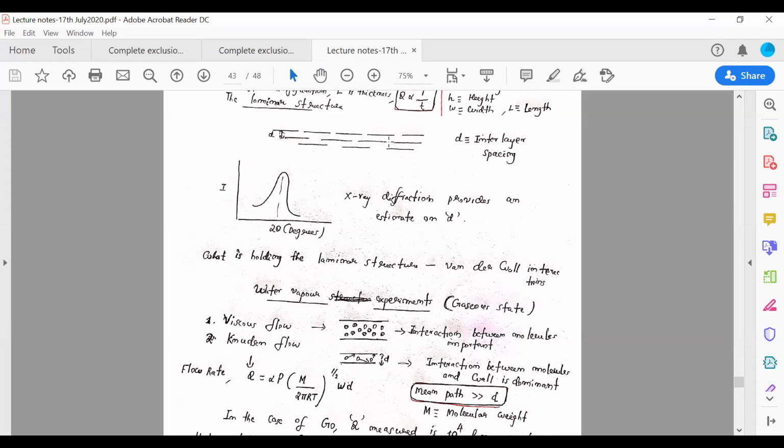So we tried to compare different models. What is the state of the water molecules inside? We tried water vapor measurements, and we said that if the water inside the layers is still in vapor state, it doesn't explain the final permeation flux. The flux we get in experiments is 10,000 times larger than that estimated for vapor transport.